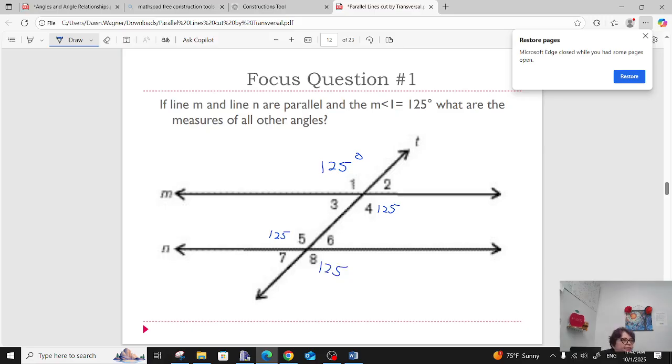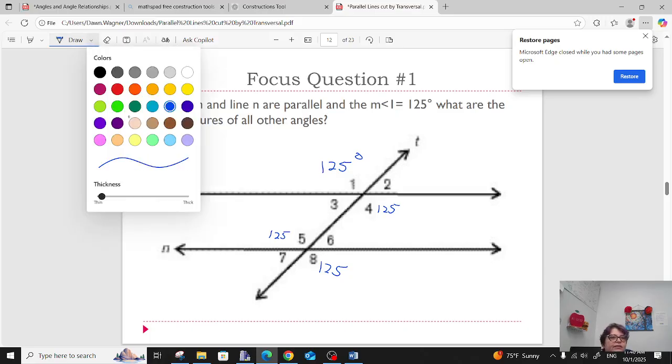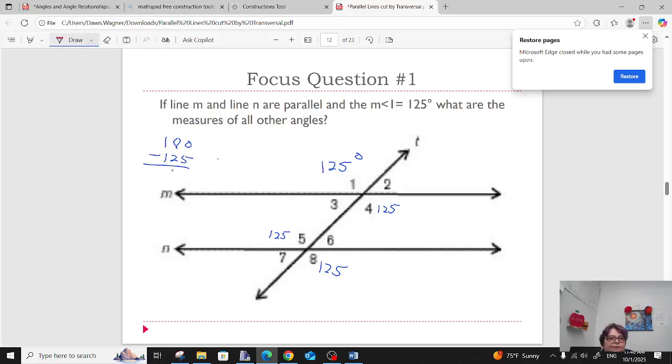How would I find the measure of the other angles? 180 minus 125 is what answer? 55. So that's 55. And all the other angles now are 55. So that's 55. This is 55. This is 55. And this is 55.